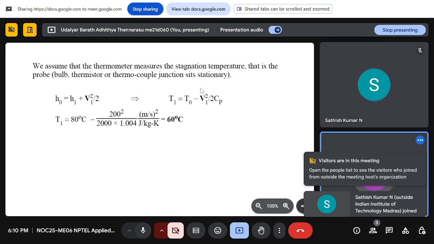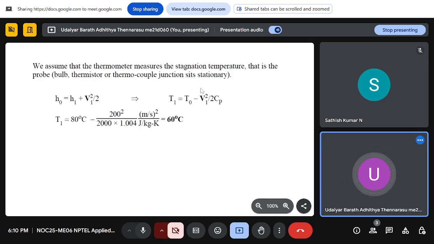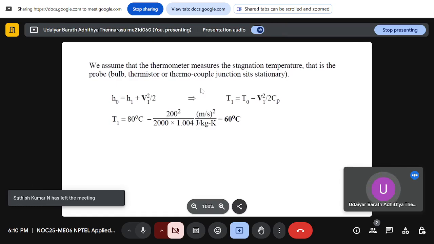Stagnation properties we always write in terms of H0, T0, P0. So this all denotes your stagnation properties. If you apply the steady flow energy equation, the potential energy we can neglect, and it will reduce to H0 plus V0 square by 2, where V0 is 0 since it is a stagnation point, equals H1 plus V1 square by 2.